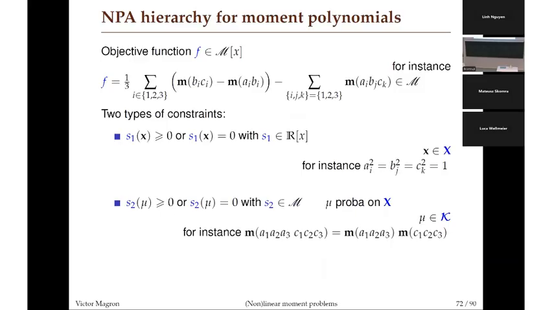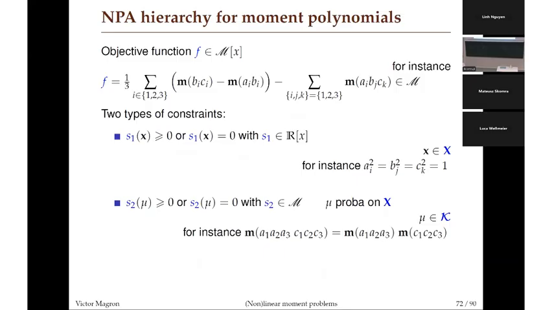Okay, so let's look at this quantum info problem. This is the same problem as before, except that I just replaced the integral by this formal moment variable. This is the objective function, and here you really see that there are 2 types of constraints.